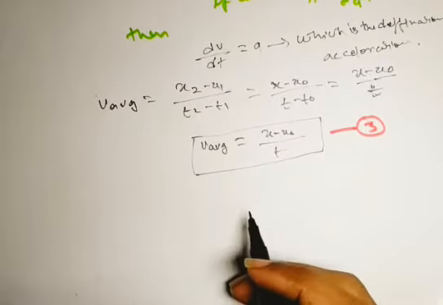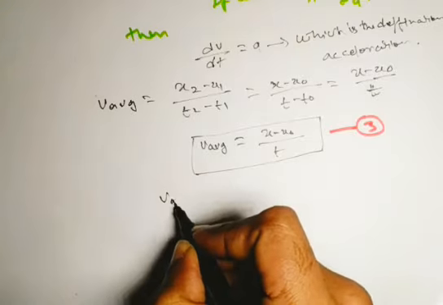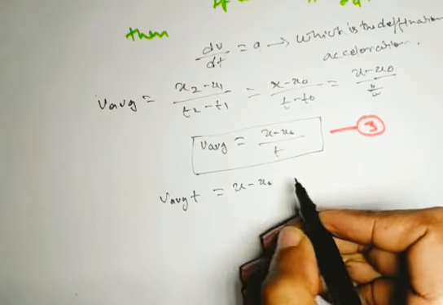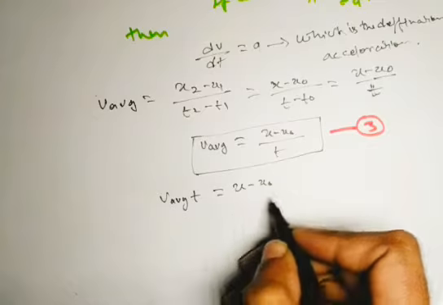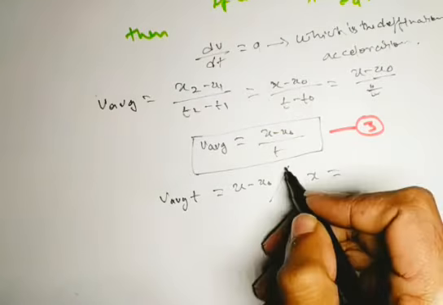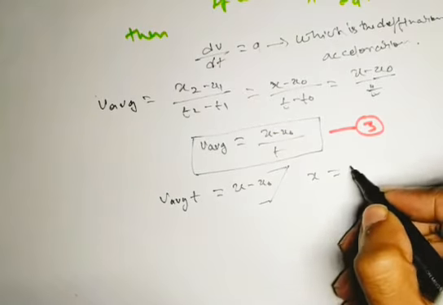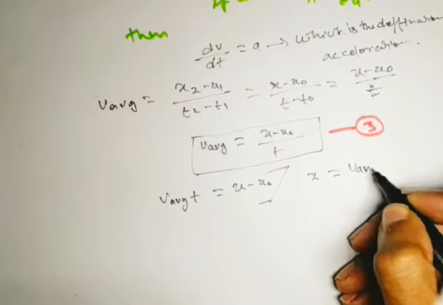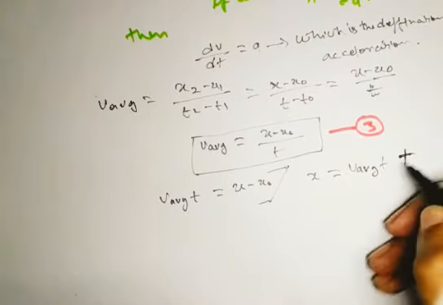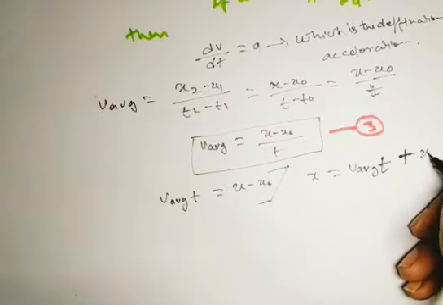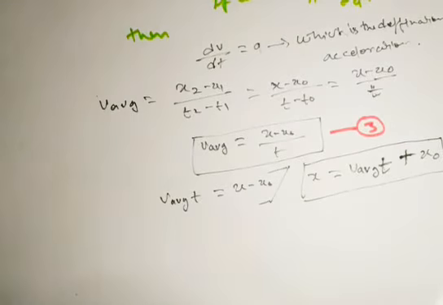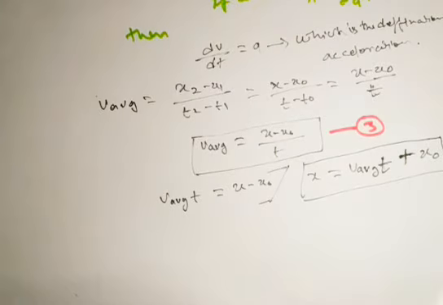If we want to rearrange it, then it will become v average into t equal to x minus x naught, and we can also say that x is equal to v average t plus x naught, which is also a fourth equation.